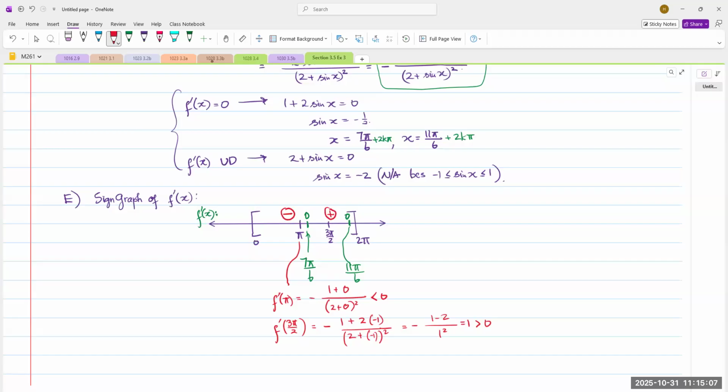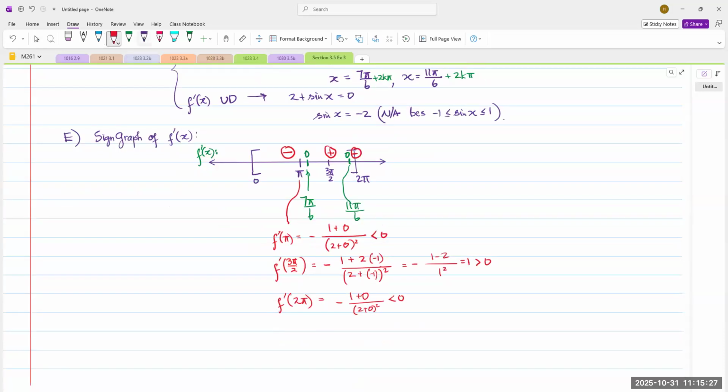Now you will see later on when I try 2 pi, I will get negative 1 plus 0 over 2 plus 0 squared again, which is negative. So this part here is negative.